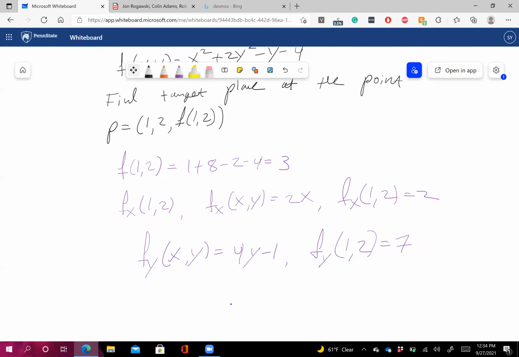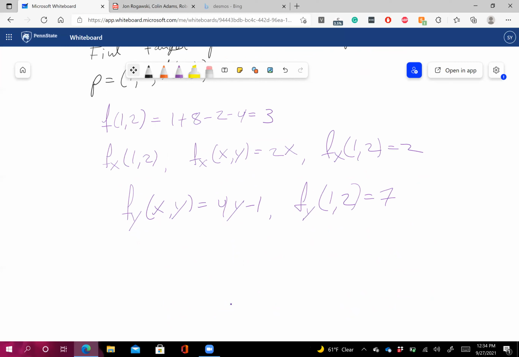Okay, so now we just put this formula together and we get that our tangent plane z is equal to f of (1, 2), which is 3, plus the partial of f with respect to x at (1, 2), which is 2, times x minus the x component of the point, which is 1, plus 7 times y minus the y component of this point, so minus 2.